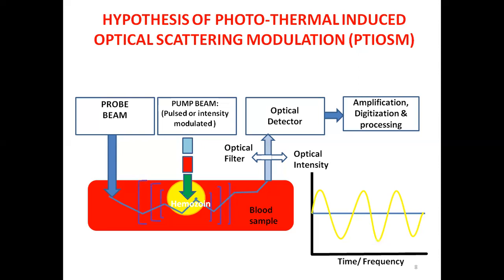Then upon detecting the probe beam and ensuring that the pump beam is blocked from reaching the detector, what we find is the probe beam intensity now gets intensity modulated. And the modulation pattern can indicate the molecular composition of the sample, and aid in identifying whether the blood sample has hemozoin or not.